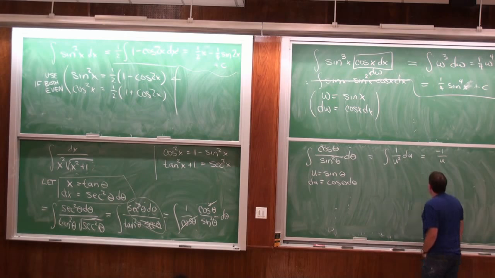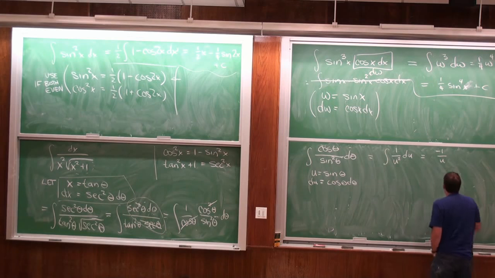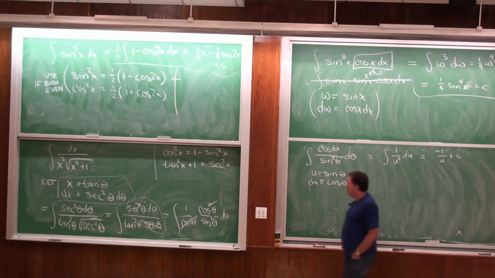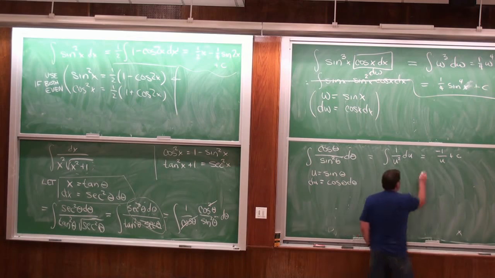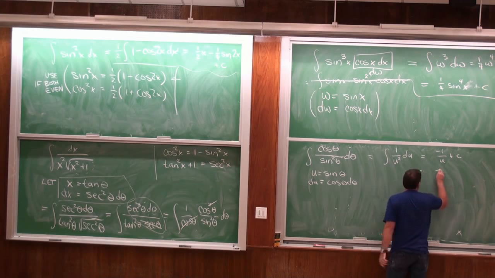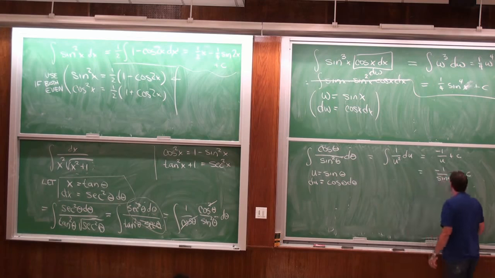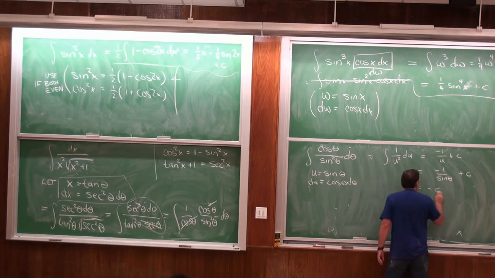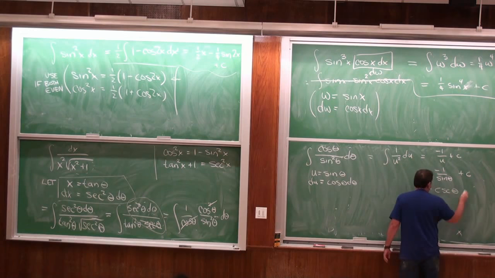Wait a minute, I need a 2? No? Yeah, that's right. But u is the sine, so this is the negative cosecant, or leave it as negative 1 over sine, I don't care.